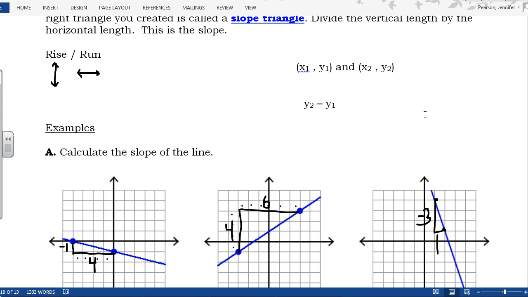Basically that gives me my rise, and then my run is going to be x2 minus x1 in the denominator, and that gives me my run. So I think I can do this. There we go. y2 minus y1 on top, x2 minus x1 on the bottom.